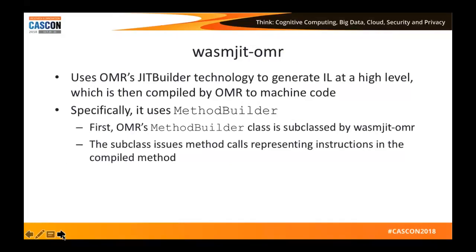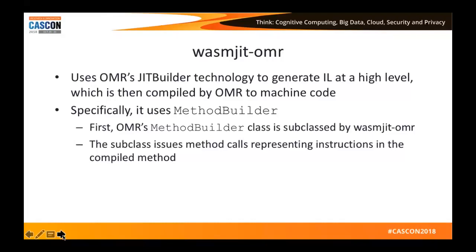Within method builder, there's a number of functions that correspond to operations that you would want to issue in the compiled code. So things to read and write to memory, branch, conditionals, loops, building blocks of programming, essentially.